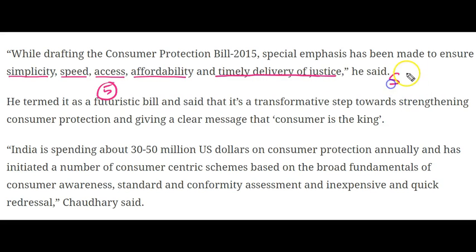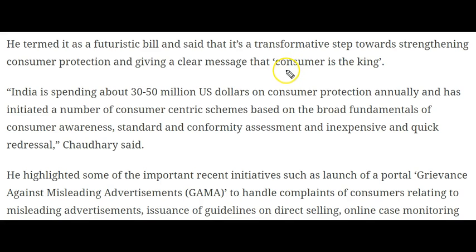Simply you can say SAT. S for simplicity, another S for speed, one A for access, second A for affordability and T for timely delivery of justice. Once the bill is passed, it will ensure the message that the consumer is the king in any country.